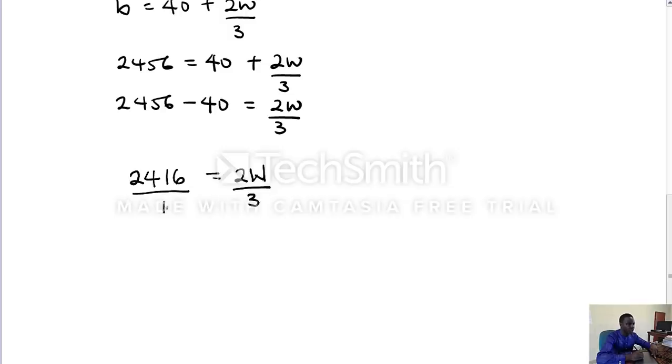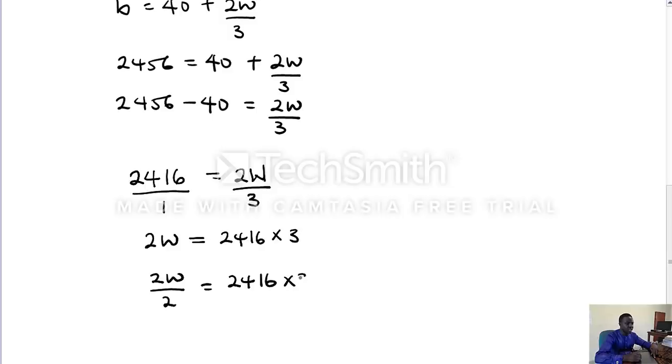Since this is over 1, I'm going to cross multiply to make W the subject of the formula, so that 2W times 1 is 2W, is equal to 2416 times 3. Making W the subject of the formula, we are going to divide both sides by 2. So we have 2W divided by 2 is equal to 2416 times 3 divided by 2.